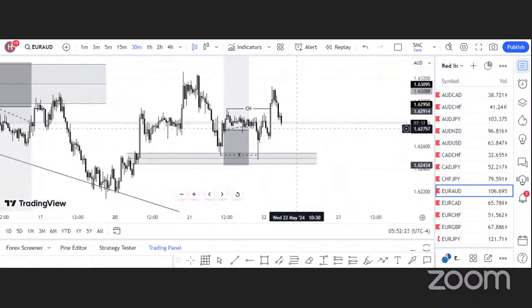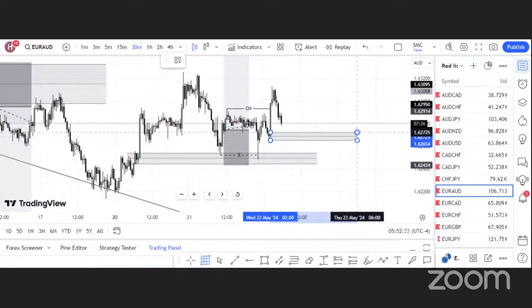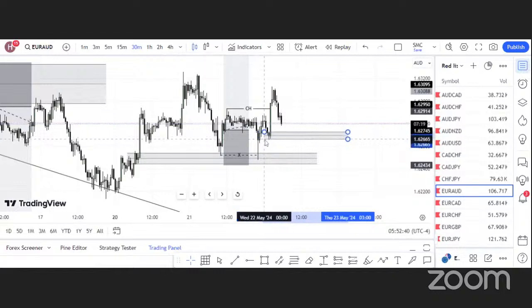and the next thing we want to get here is, this is the last candle here. So this is our order block.